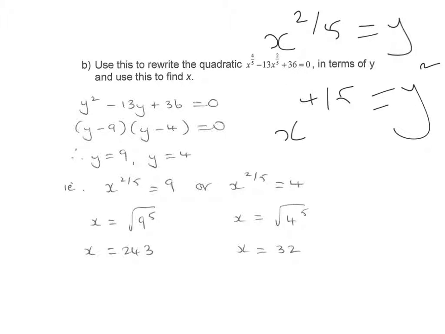Okay, so that's going to help us now with this quadratic equation, because I've got x to the power of 4/5, which I know is equal to the y squared from part A, so I'm going to rewrite the first part of the quadratic equation as y squared.